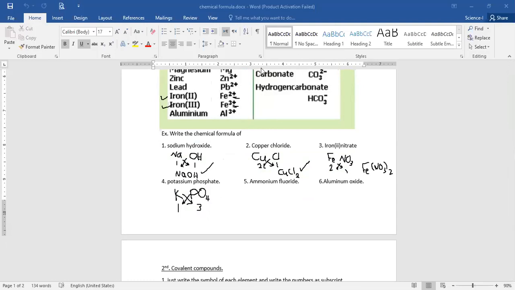So we're going to add it here. I'm going to write it right now. So write like this in your sheet. Phosphate, PO4, -3. Okay.